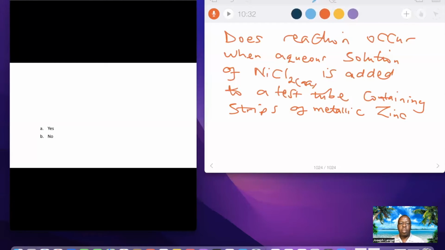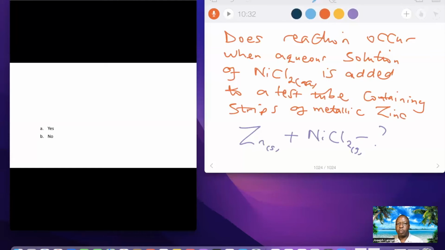So in this case, you need to write the equation, and the equation is this. We are having zinc, which is solid, metallic is solid, plus nickel Cl2. Will the reaction take place?